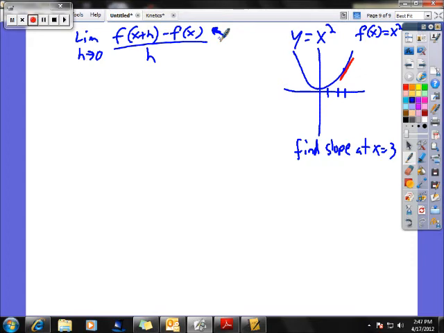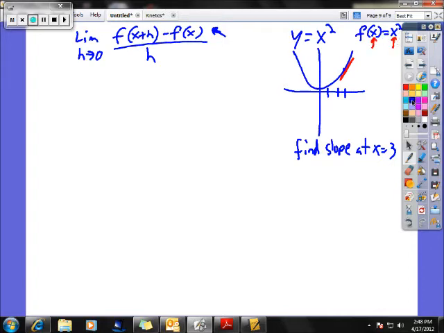But dealing with the f of x plus h, that's a little bit more, pay close attention to this, okay? This f here, of x plus h, and f of x, the f is the same thing. It means apply this function to what's in parentheses. Whatever's in parentheses, what are we going to do? We're going to square it, right?